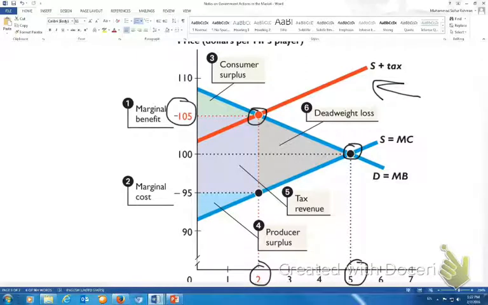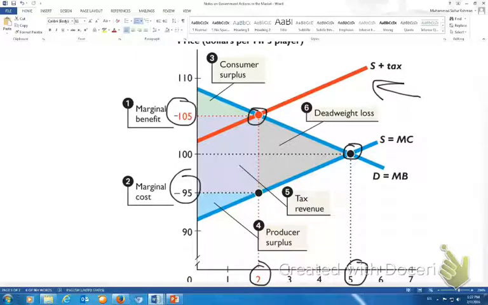Why? Because the producer takes 105 units of price from the consumer and then pays the government $10 out of that price that they have received. So the government imposes a $10 tax, our consumer pays 105, our producer receives 95.